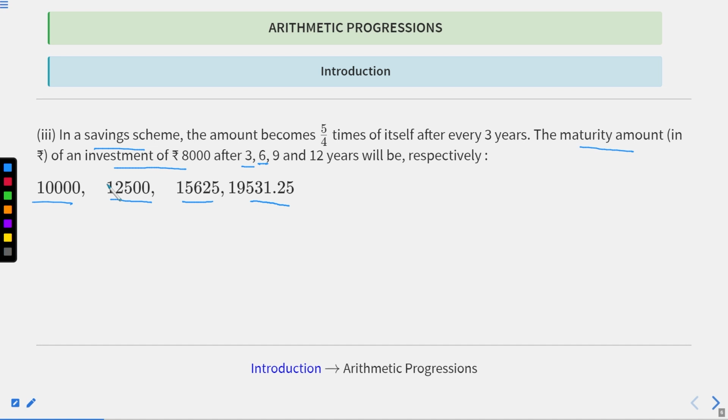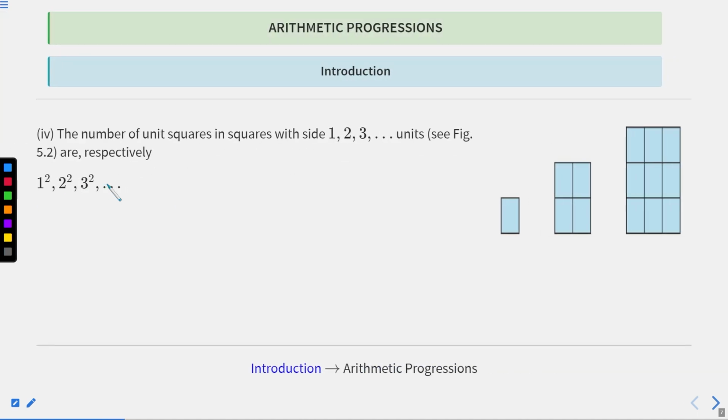Now the fourth one: the number of unit squares in squares with sides 1, 2, 3, and so on units. This is our figure 5.2.